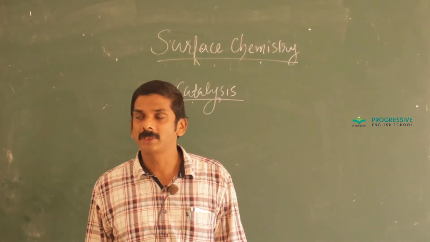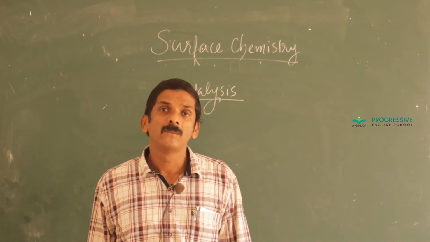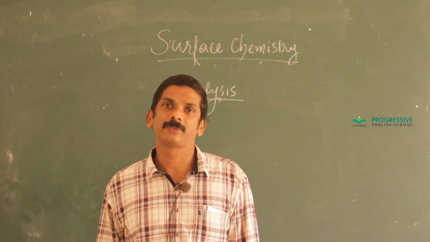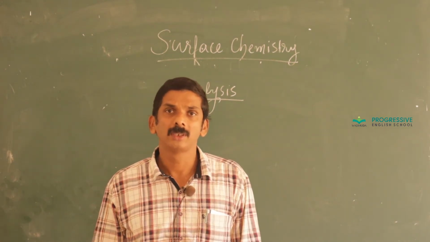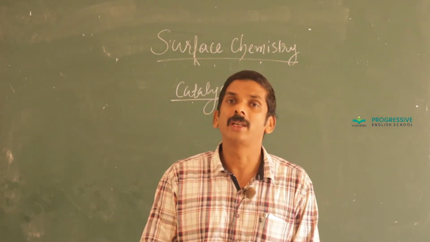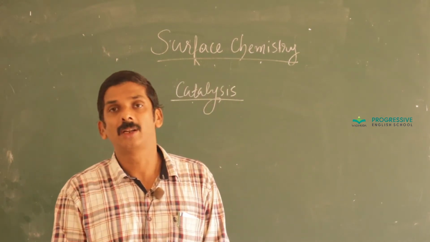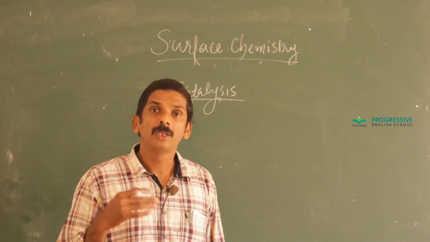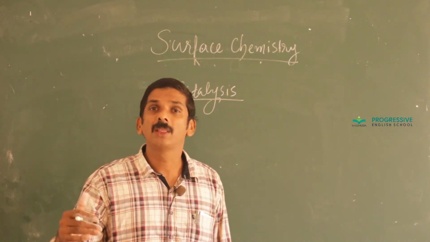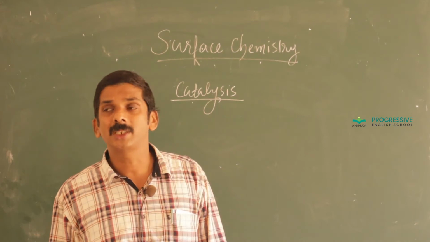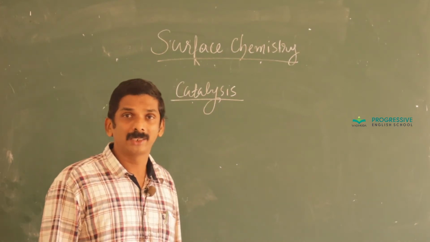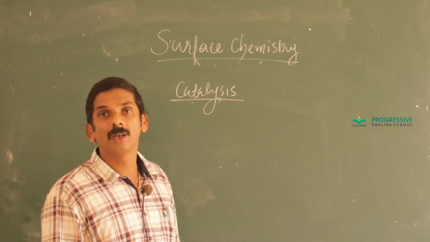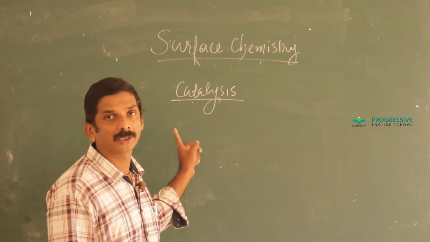A catalyst is a substance which alters, that means makes a change, either increasing or decreasing the rate of a reaction without undergoing a self change. Such a substance is called a catalyst. And the reaction that takes place by using a catalyst is called a catalysis reaction.